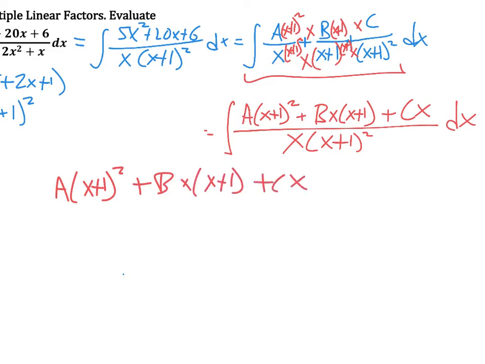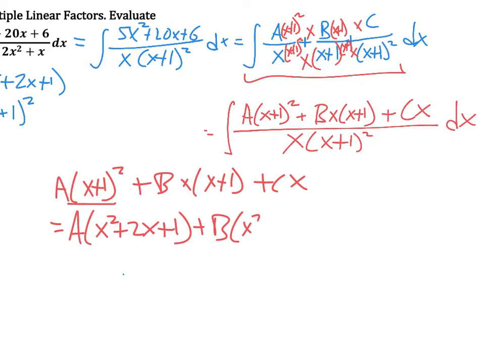All right, let's just simplify this out. Going to be a little bit of work, but we've got x squared plus 2x plus 1 when we square that. Distribute this x. We've got x squared plus x. All right.